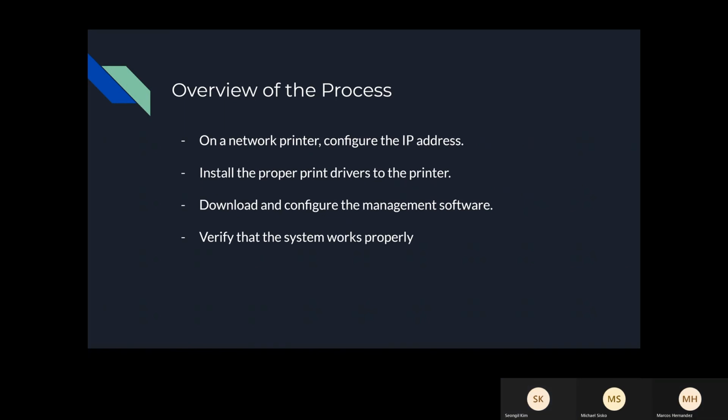So for an overview of the process, once we acquired the network printer, we configured the IP address on the network following the manufacturer's guidelines. On our dedicated management machine, we added the printer to our network and installed the PaperCut print driver. We downloaded PaperCut's management software, configured Active Directory user permissions, and set up the security measures. Finally, we verified the working condition of the system.